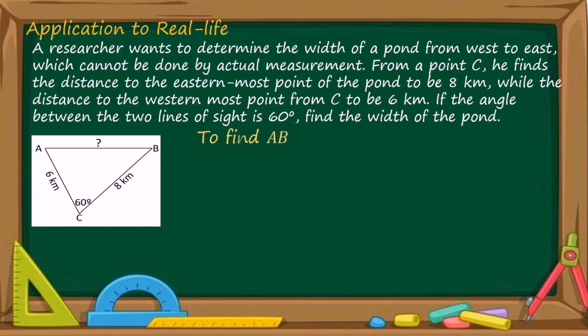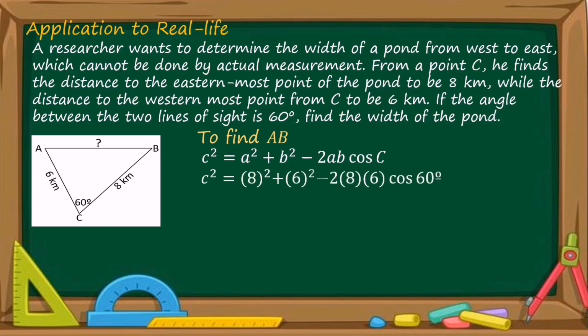So let us answer by using the formula c squared is equal to a squared plus b squared minus 2ab times cosine C. Substitute the values. So we have c squared is equal to 8 squared plus 6 squared minus 2 times 8 times 6 times cosine 60 degrees. 8 squared is equal to 64. 6 squared is equal to 36.